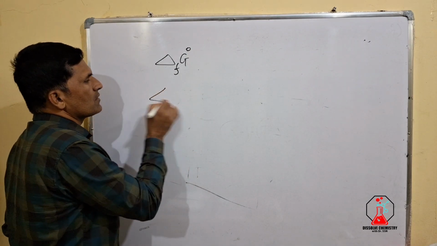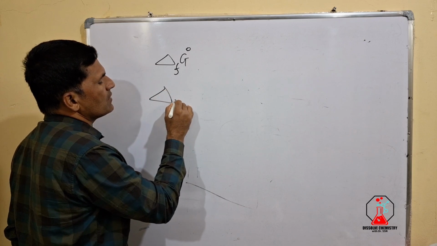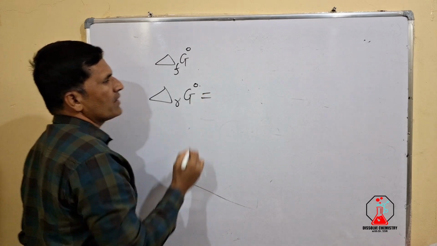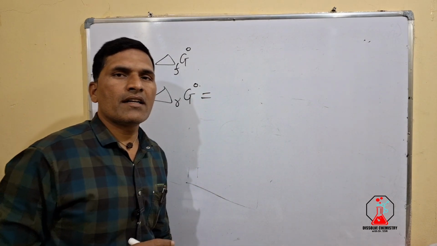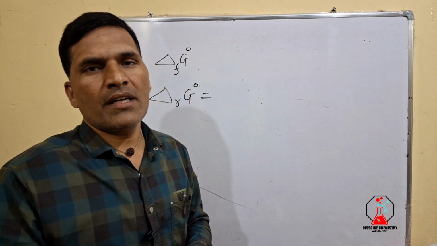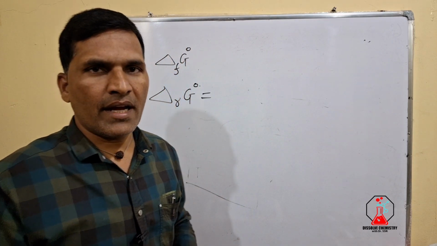Then next is the standard Gibbs free energy of the reaction. How are we going to define it? It is the difference between the standard Gibbs free energy of the products and the standard Gibbs free energy of the reactants.